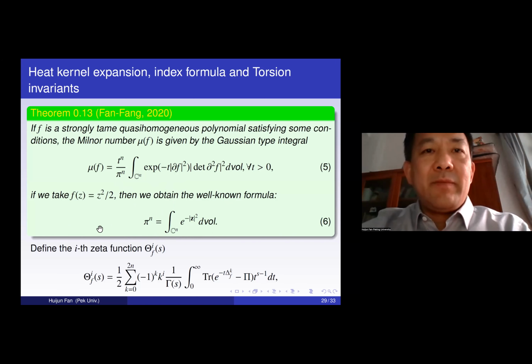And then we can study the heat kernel of this twisted Laplacian and define the i-th zeta function, theta_F(i,s). Here i means the number operator, we can take i times. So it's expressed in these factors. In this way we can define the zeta function.